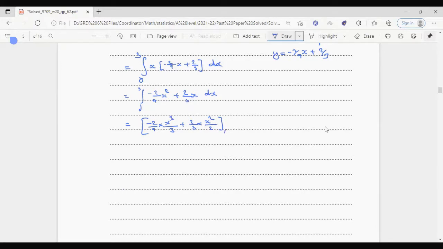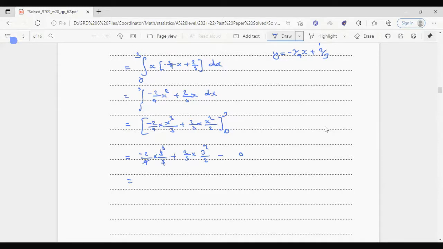0 to 3, which will give you, by substituting the values, minus 2 over 9 times 3 cubed over 3 plus 2 over 3 times 3 squared over 2 minus, as it is 0, and both terms contain x, this will become 0. 3 cubed is 27, so you get a 3 there.